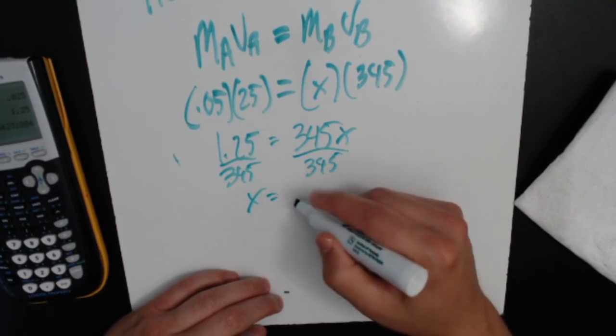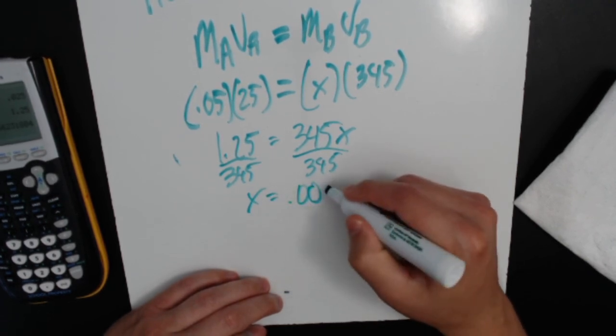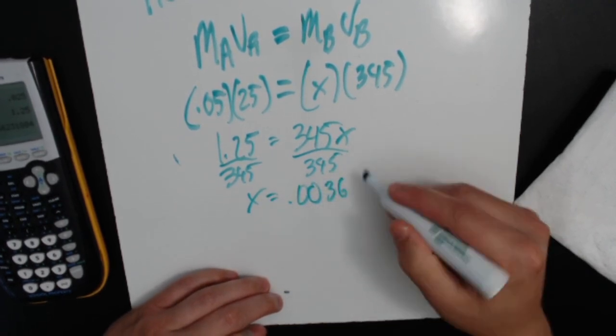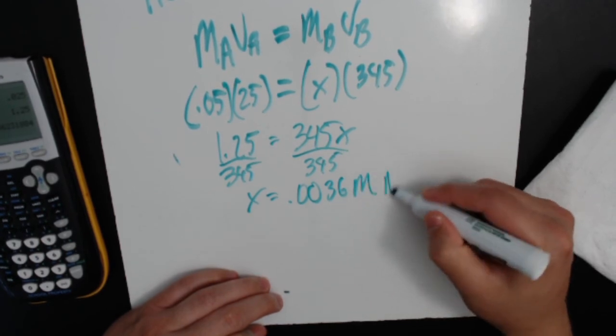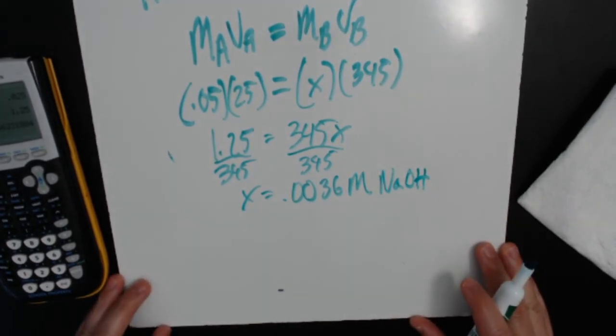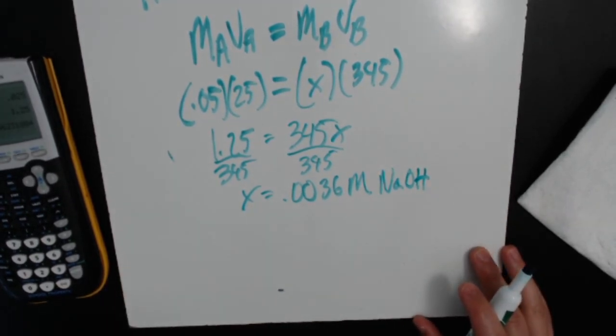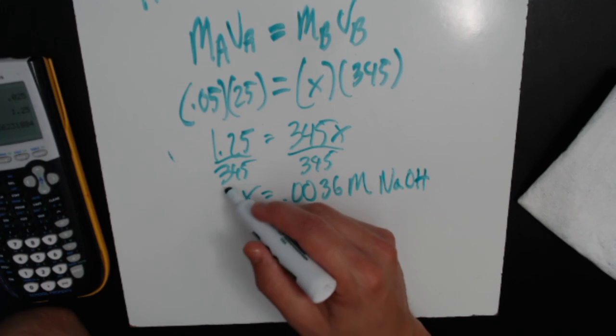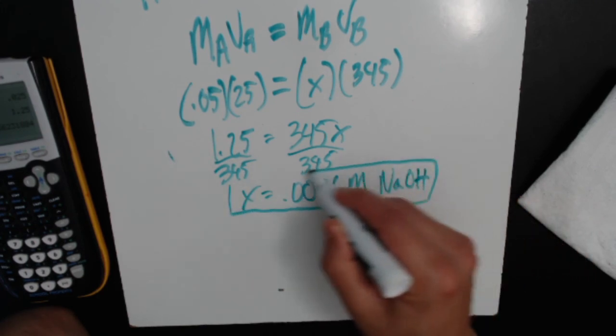And the molarity of our base is 0.0036 molar NaOH. Alright, so if this is just an acid-base question, a titration question, this would probably be where we would stop. We would say this is the answer.